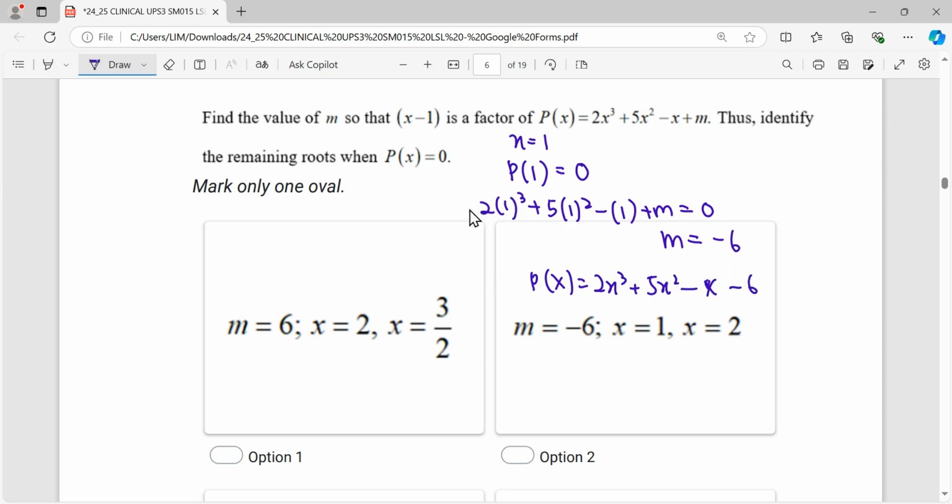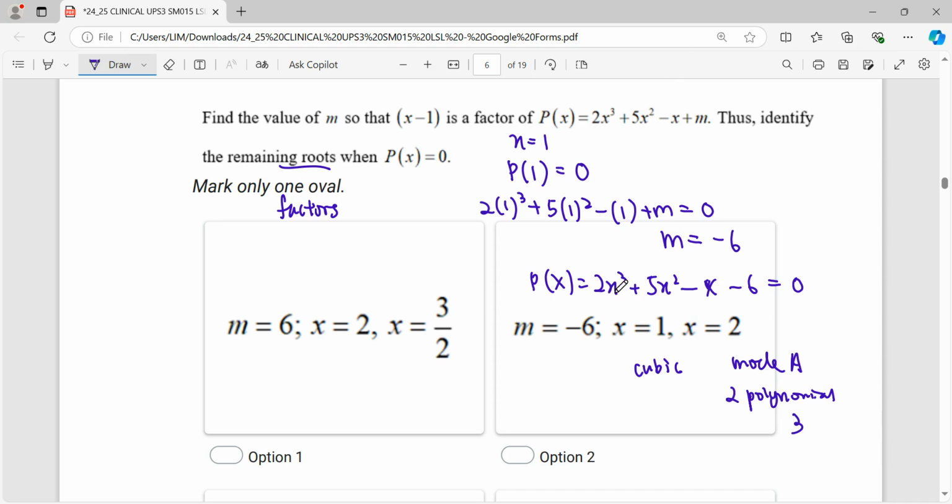M is negative 6. When you want to find the remaining roots, it means you want to find its factors. So to find its factors, you let it be 0. You can use your calculator for the cubic polynomial. So you can take your calculator, start from the mode, taking the equation, which is option A. We take number 2 for polynomial. Then degree of 3.